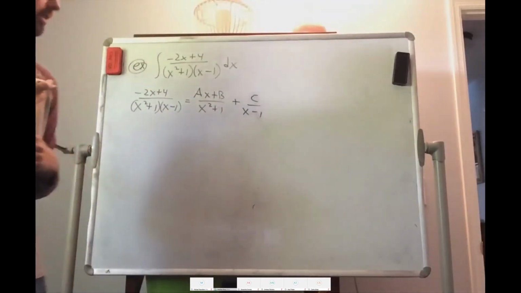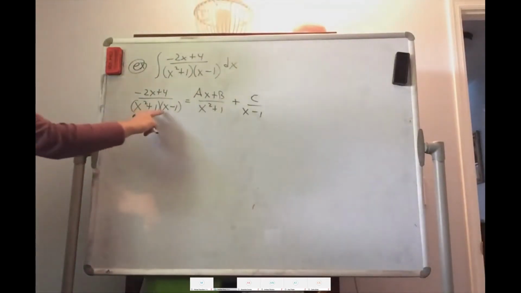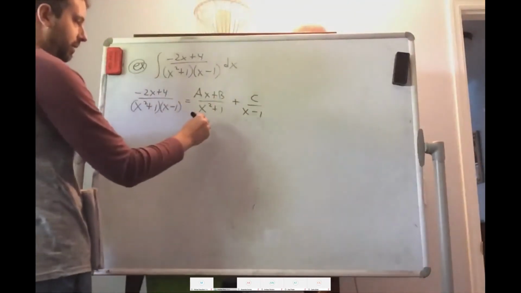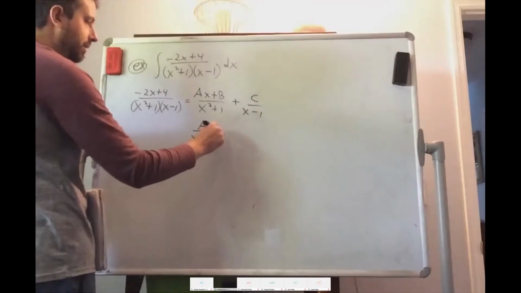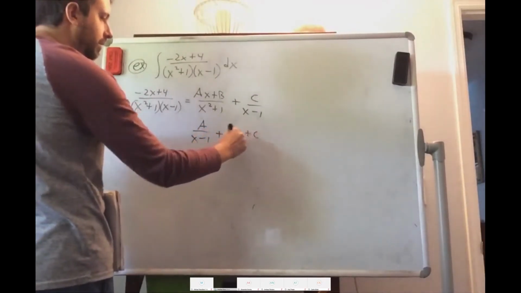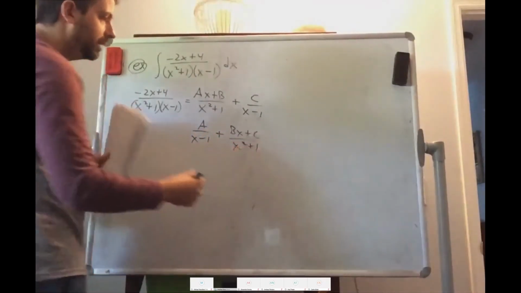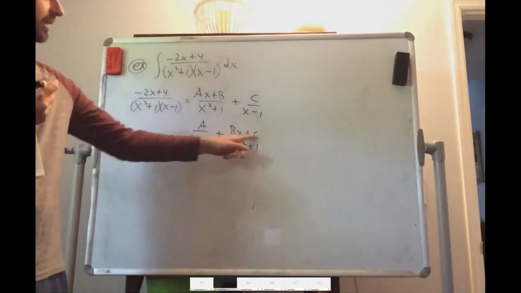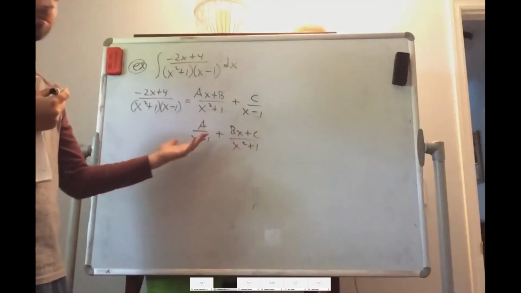By the way, usually someone asks, obviously there's no right order for what these constant letters are. So someone else could have easily said a over x minus 1 plus bx plus c over x squared plus 1. Now, they're going to solve for something, and their a's, b's, and c's will be different, but they'll be in the right spots.